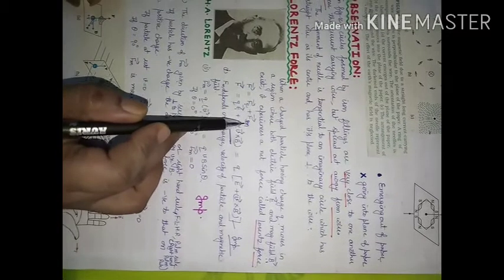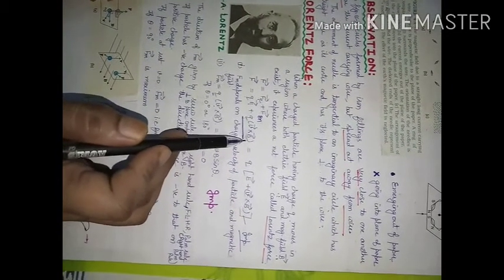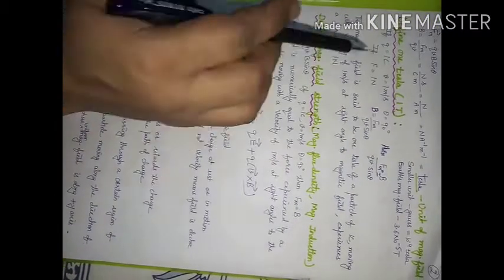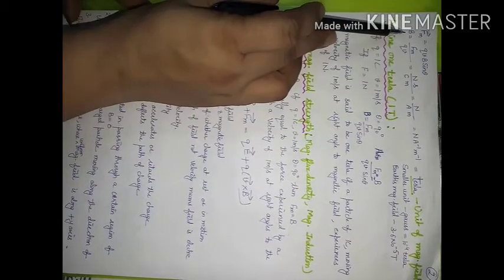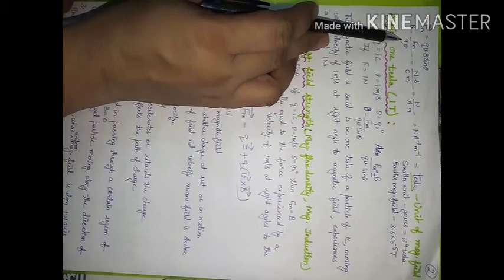So, magnetic force can be written as qV cross B, which can further be written as qVB sin theta. If we find the unit of magnetic field, then it will be Fm divided by qV.